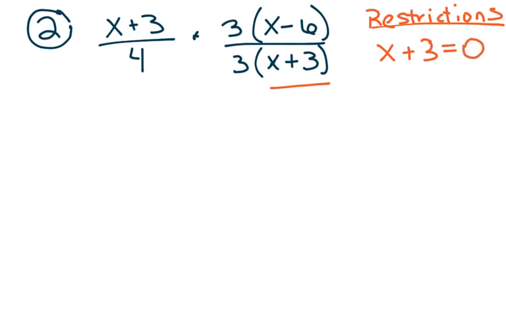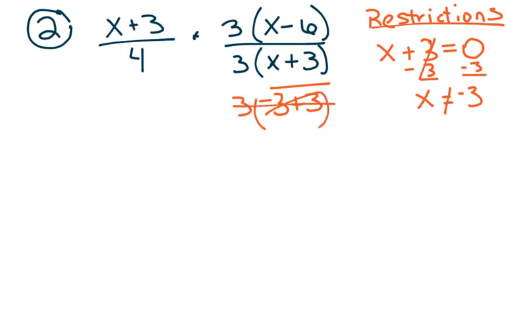So anywhere there's a variable, we want to set that expression equal to 0. So I'm going to solve for x, subtract 3 from both sides. X equals negative 3. So what this tells me is that x can't equal negative 3, because negative 3 plus 3 is 0, and 0 times 3 is 0, and that would leave a 0 in my denominator.